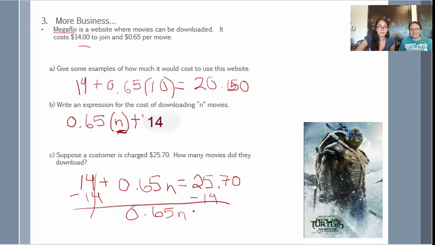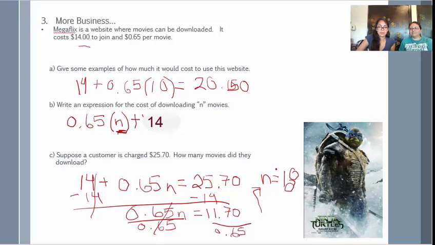And if I put that in the calculator, that would be 11.70. Divide by 0.65 to get rid of that. And we get N, just going to write it over here, is equal to 18. So the customer downloaded 18 movies if he was charged $25.70.